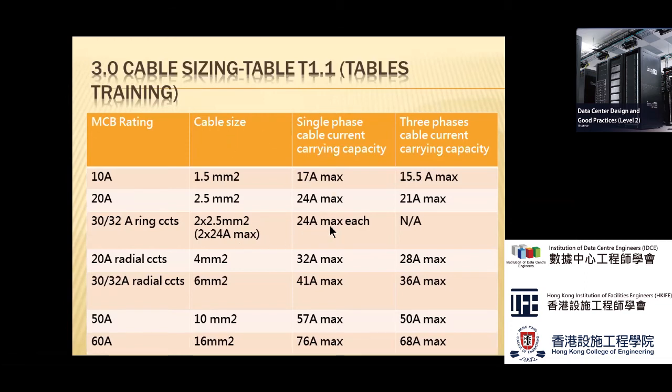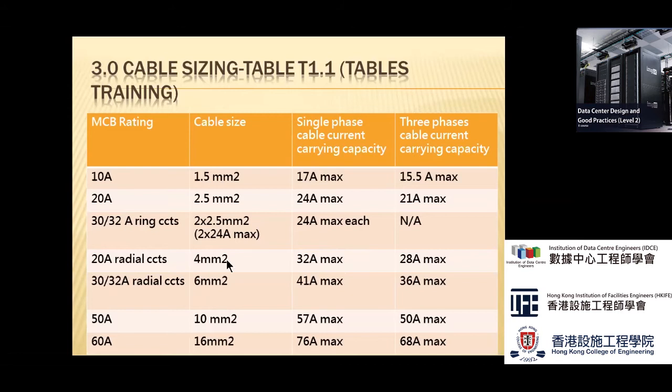For the 20 amp radial circuit, radial means single, direct from one point to the other point. Ring is a loop. So for a 4 mm square, 20 amp radial circuit, the maximum single phase cable is 32 amp.